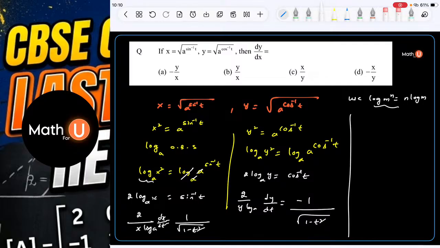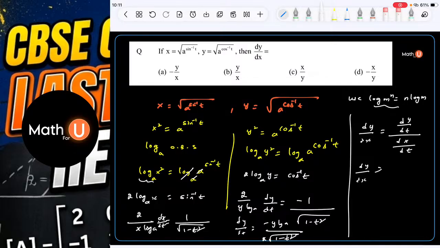Then finally we know dy by dx is nothing but dy by dt divided by dx by dt. Cross multiplying, dy by dt is minus y log a by 2 times square root of 1 minus t square.